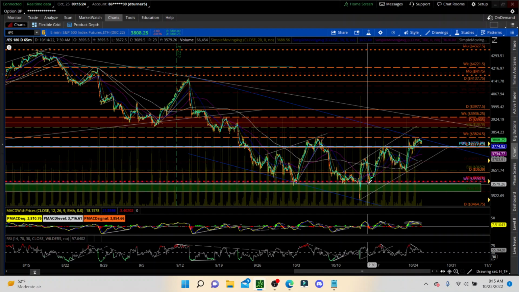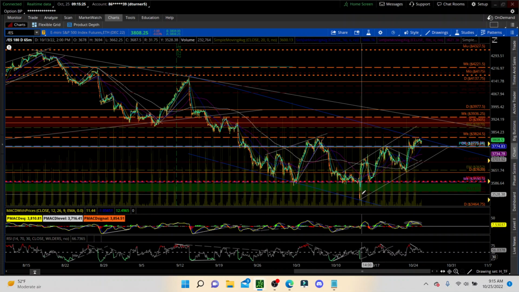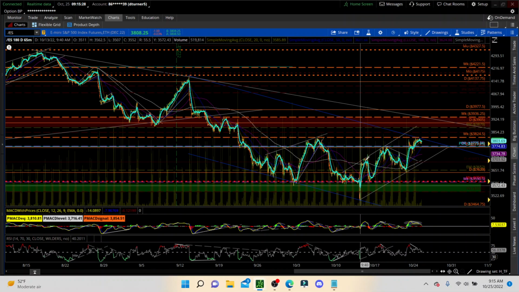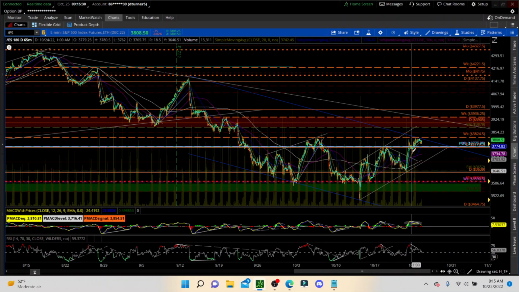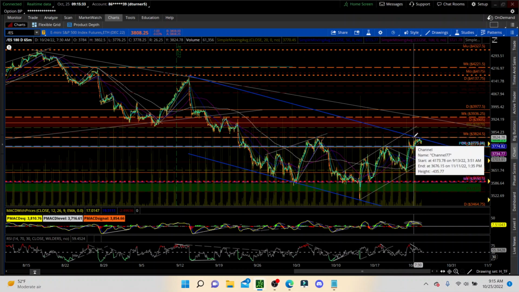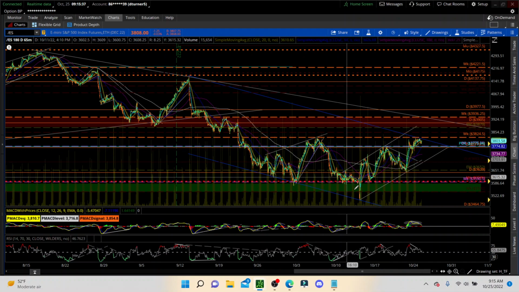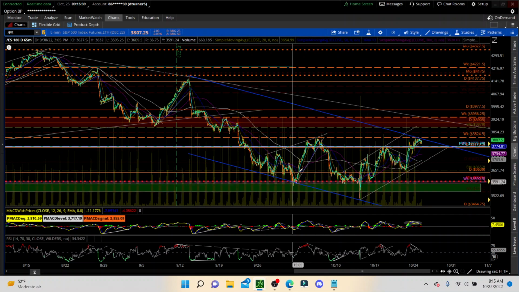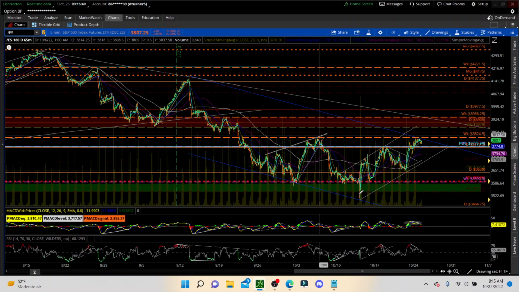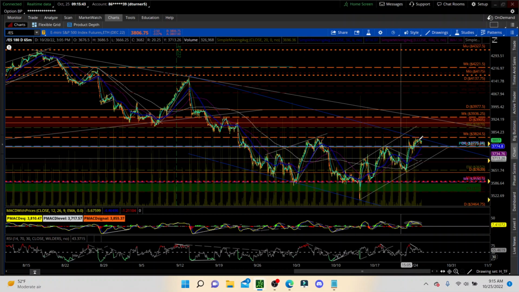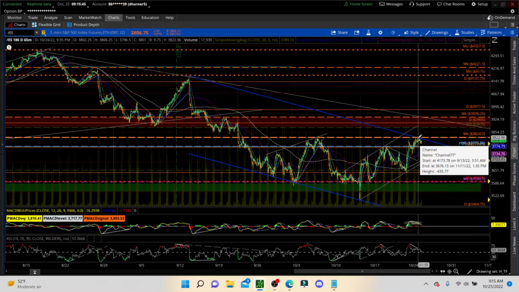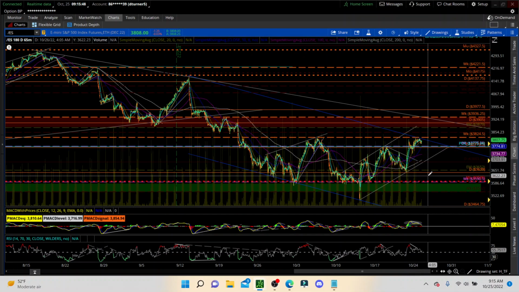There's no real structure there except that this is a 1 2 3 4 5-wave structure no matter how you look at it. If you have a 3-wave down, 3-wave up for an A, 3-wave down for B, and a 5-wave to complete, that's your flat right there. So the flat is looking much more likely.